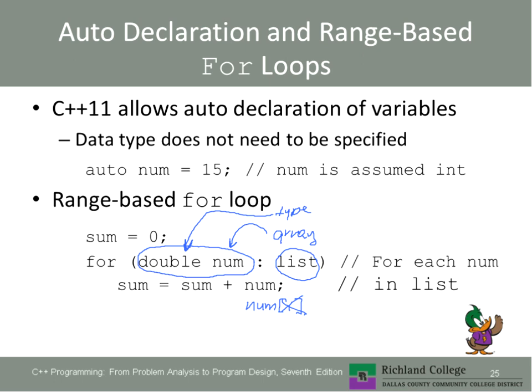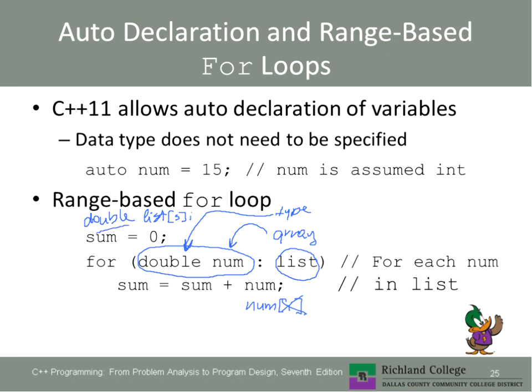So you need to look at the type of the list. So in this case, somewhere in our code, we have a double list. Okay, and maybe we're going to have, let's say, a 5-element list, right?